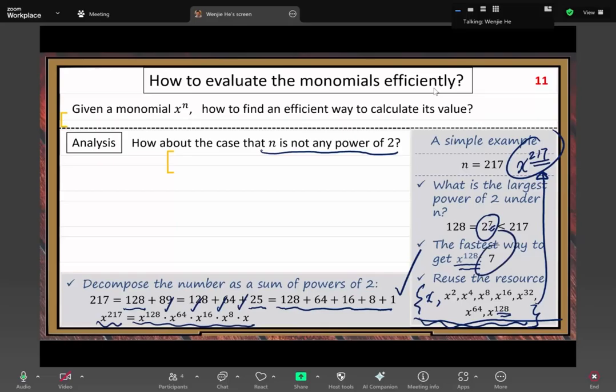So the total number of multiplications you need here is 7 plus 4 equals 11. When you apply the repeated squaring operation to calculate this example, x to the 217, you need 11 multiplications.